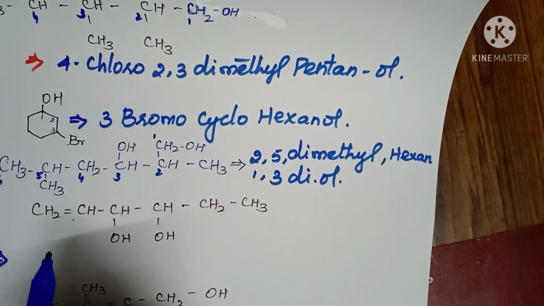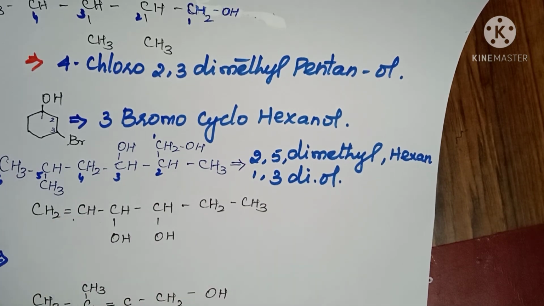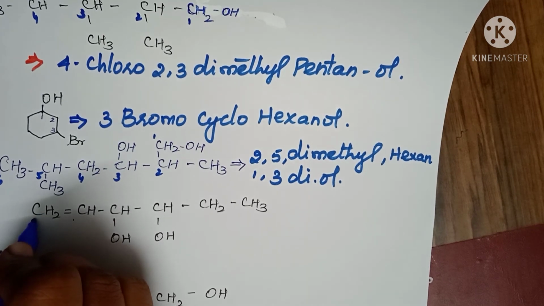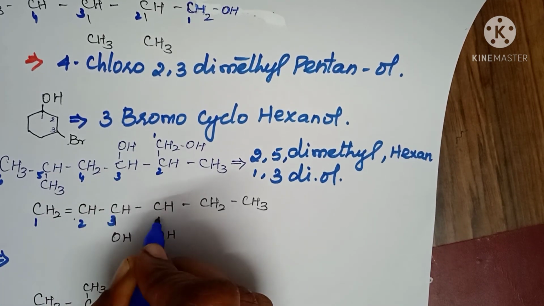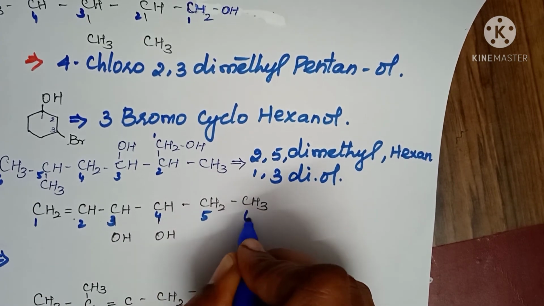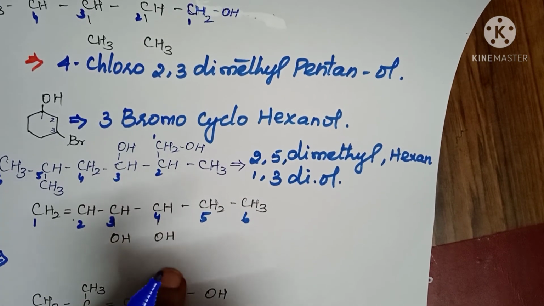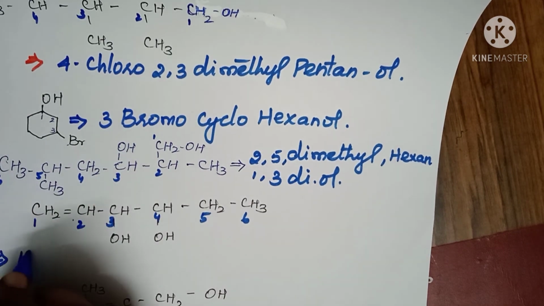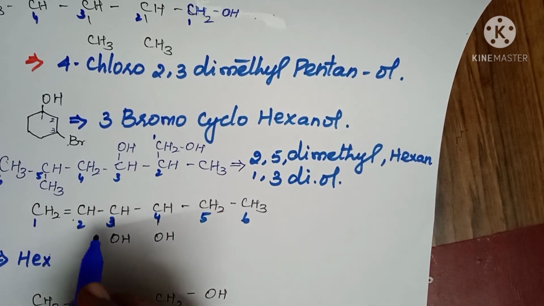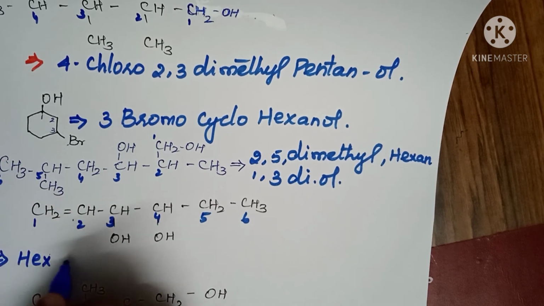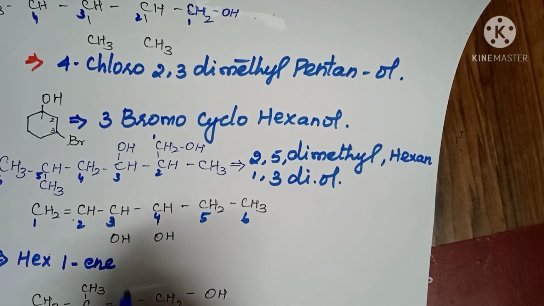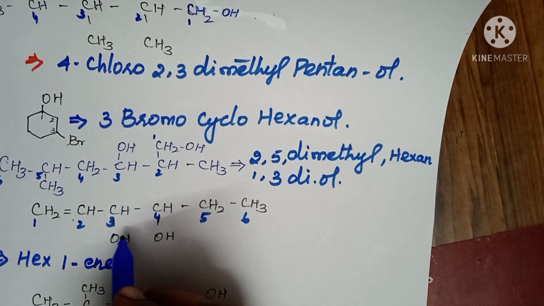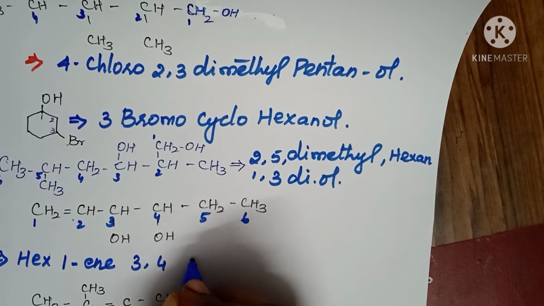Wherever the double bond starts, you have to start there. So here you start 1, 2, 3, 4, 5 and 6. 6 carbons are there, so hex. The double bond starts at the first carbon, so 1-ene. Next, the hydroxyl groups are at 3 and 4, so 3,4-diol.